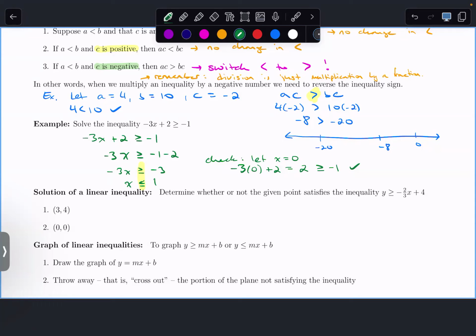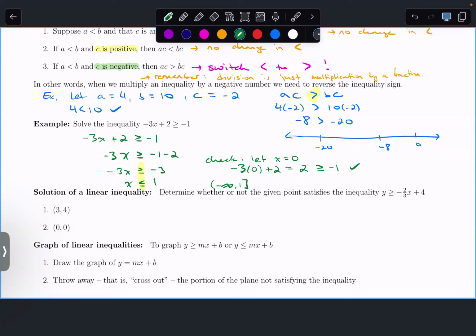It doesn't specify how it wants the answer, so you could leave it as x is less than or equal to 1, which is probably what I would do. Or you could use interval notation, which would be negative infinity to 1 square bracket, right? Because it's up to and including 1.